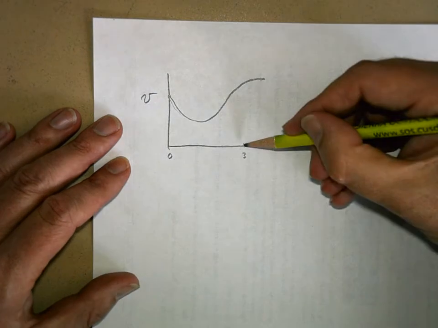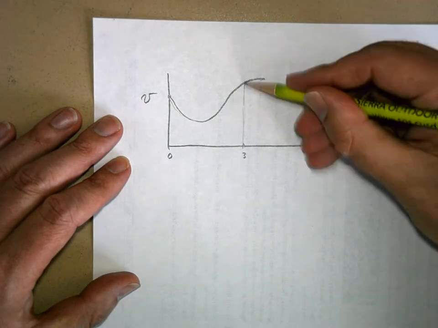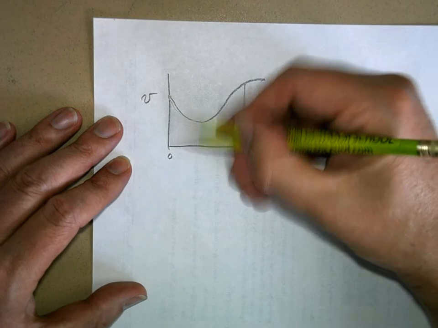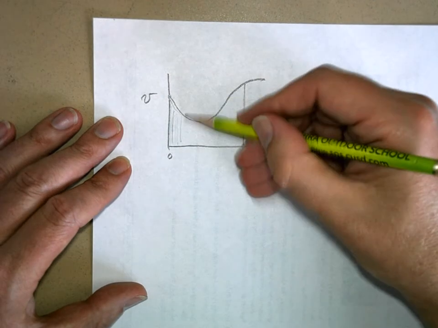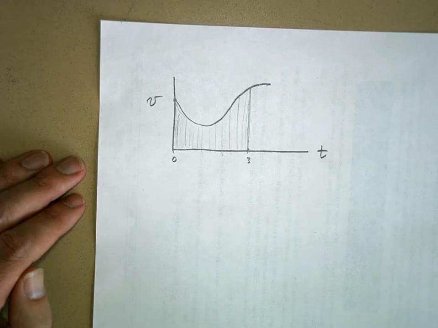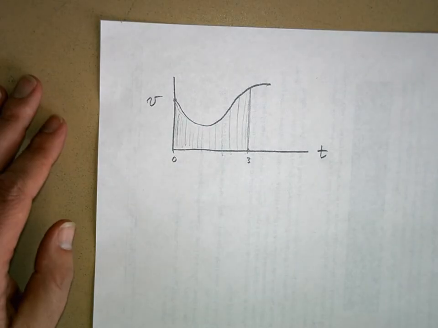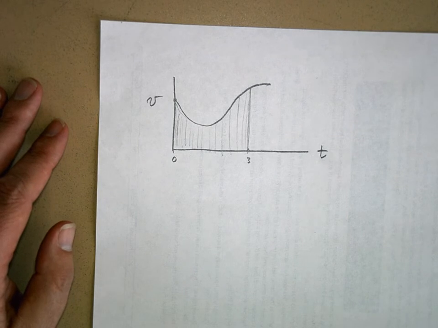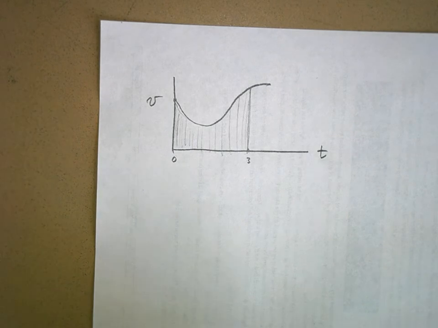What you're going to do now is find the area underneath the graph, like this. Well, how do you do that? What you can do is break it up into chunks and add them together and get an approximation for what the area is underneath the graph.